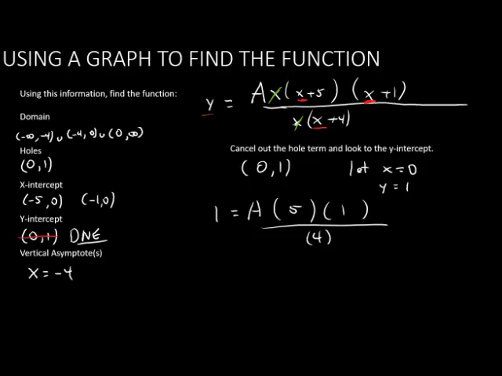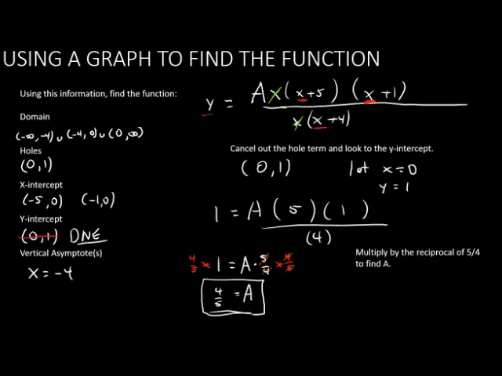If we simplify our equation, we get 1 equals a times 5 over 4. Then we will multiply by the reciprocal of that fraction to find a. The reciprocal of 5/4 is 4/5. When we multiply by 4/5 on both sides, we find that a is equal to 4/5. This is because the 5/4 and the 4/5 on the right cancel out completely, leaving only a. And then 4/5 times 1 is still 4/5.